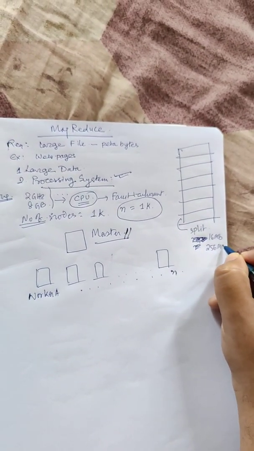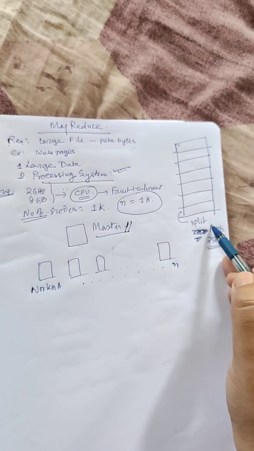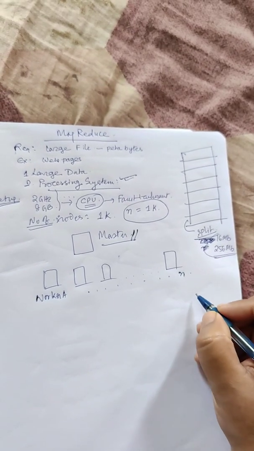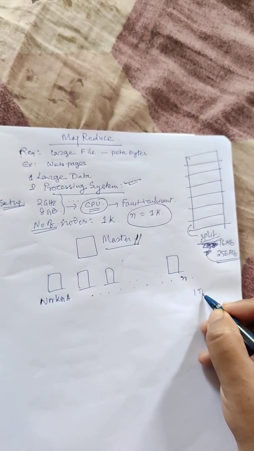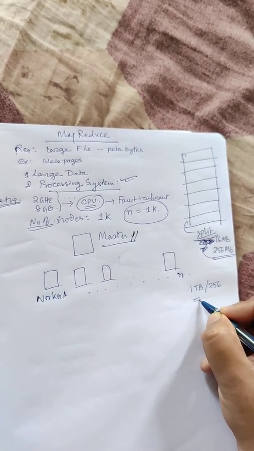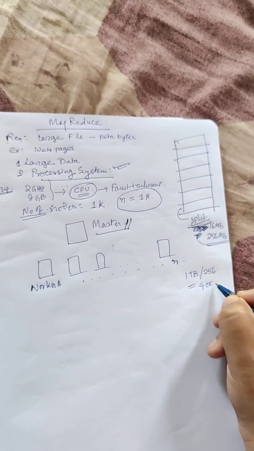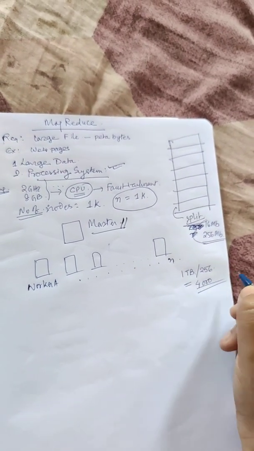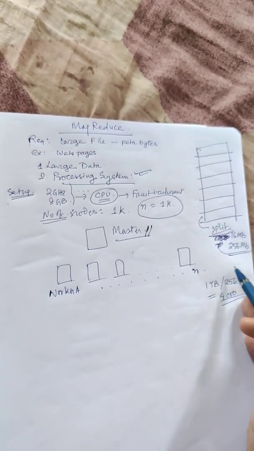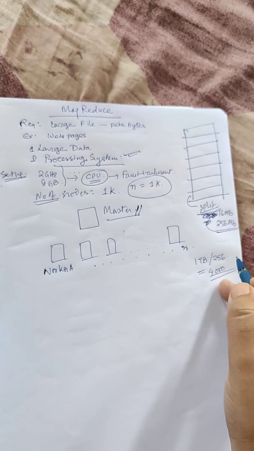This is the size prescribed by the MapReduce algorithm for a split. So if we want to process, for example, 1 TB of data, then the number of splits is 1 TB divided by 256 MB, which is roughly around 4000. So 4000 splits would be there, and every split is going to be 256 MB in size.